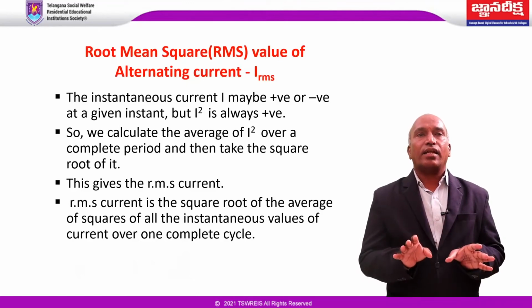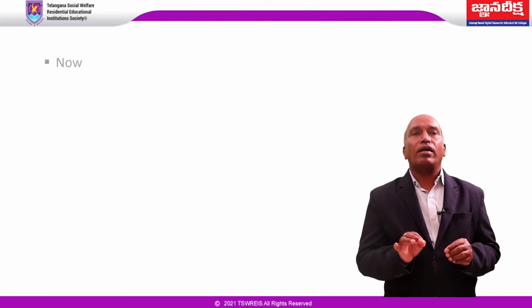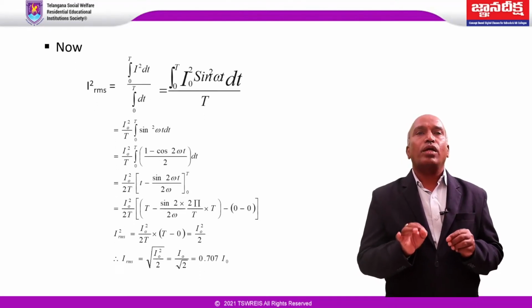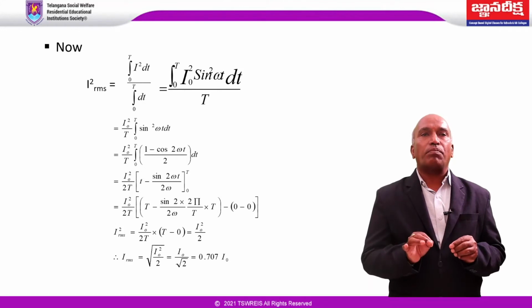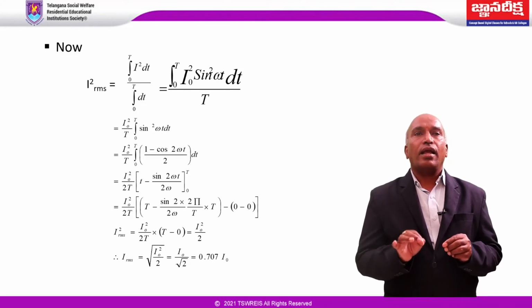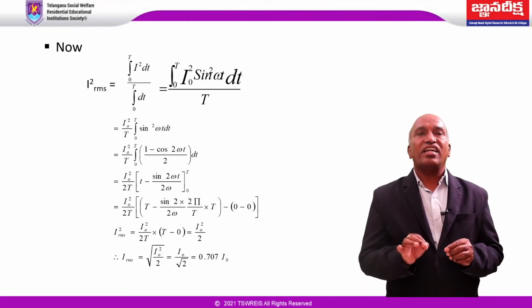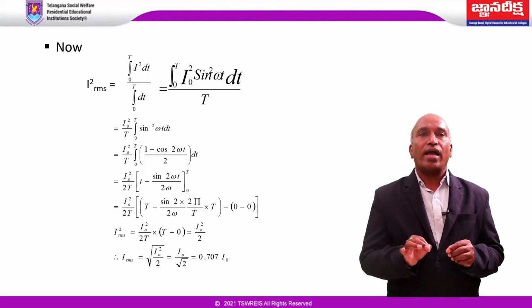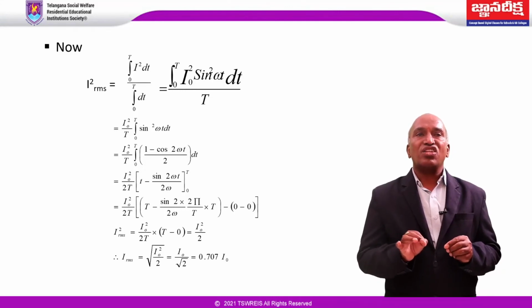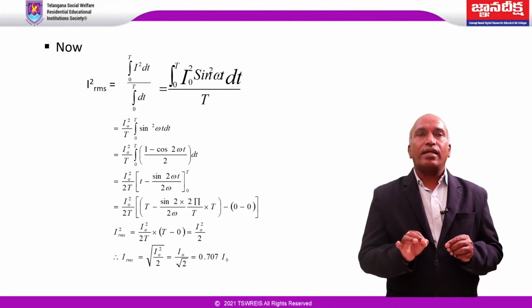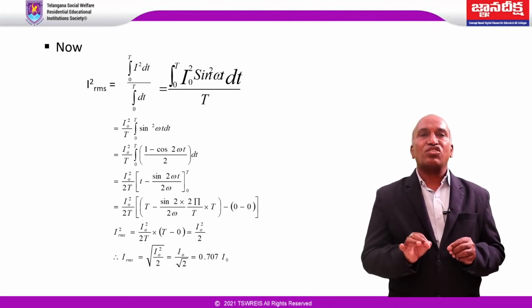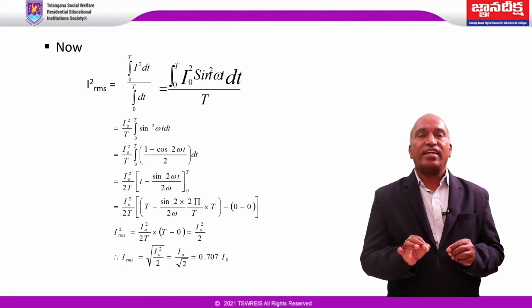Now, I RMS squared = ∫₀^T I² dt / ∫₀^T dt, that is equal to ∫₀^T I₀² sin² ωt dt divided by T, that is equal to (I₀²/T) ∫₀^T sin² ωt dt.